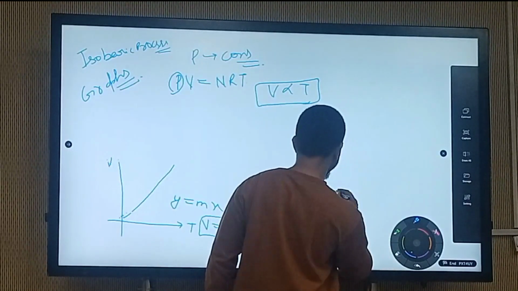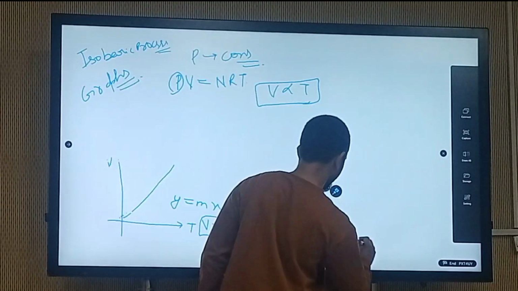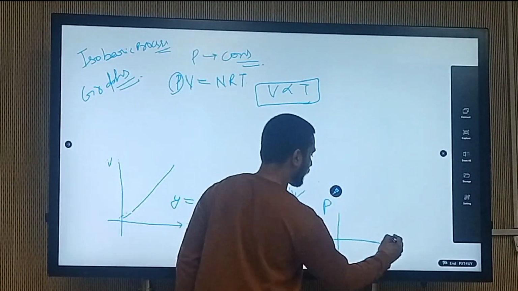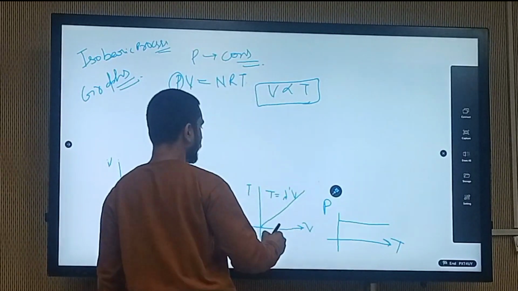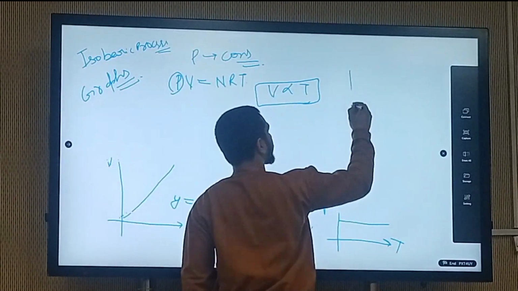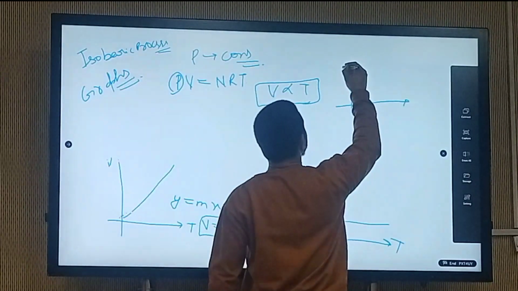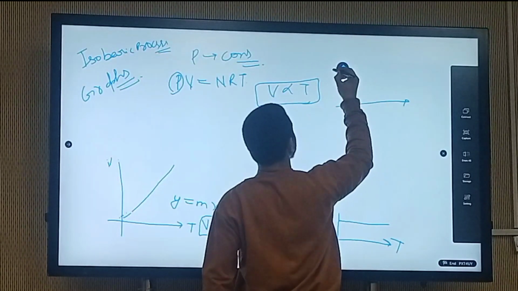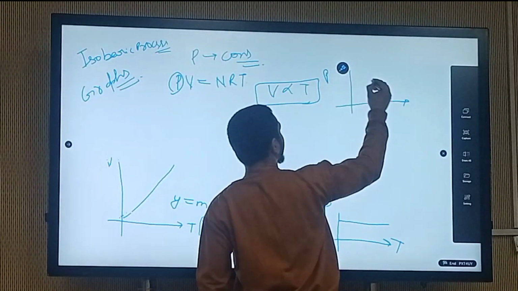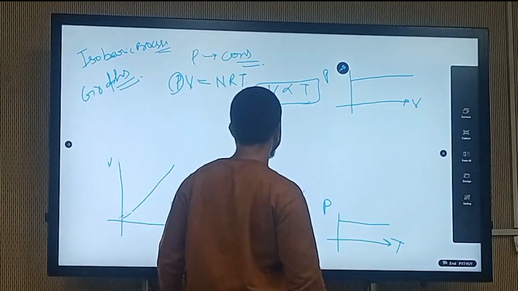And the pressure versus temperature graph will be a straight line because pressure is constant. So the PT graph will be a straight line. And this PV graph will also be a straight line because the pressure is constant.